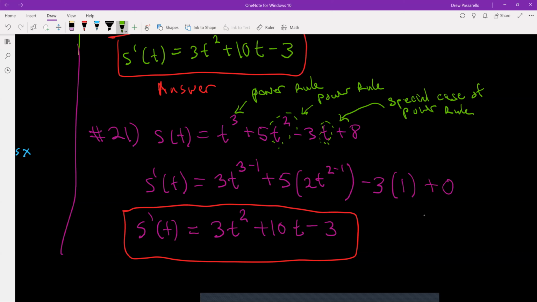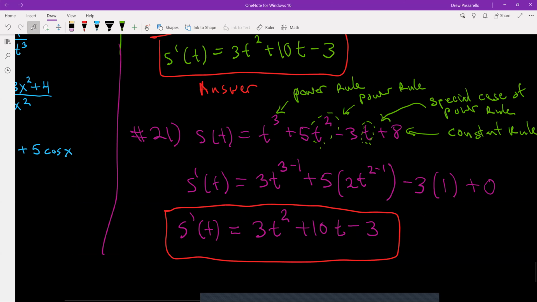And then derivative of 8, that's a constant. That was 0. That's the constant rule that I applied. All right, so from here on, for the remaining examples, I'm going to do it how I did it in this route in purple.